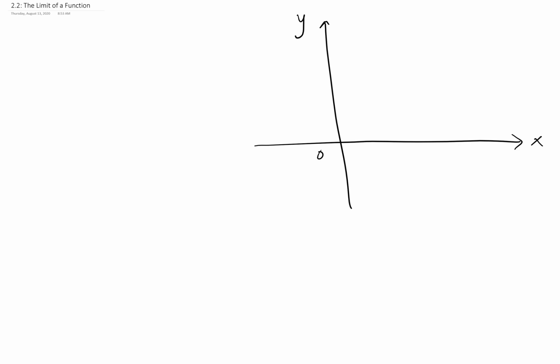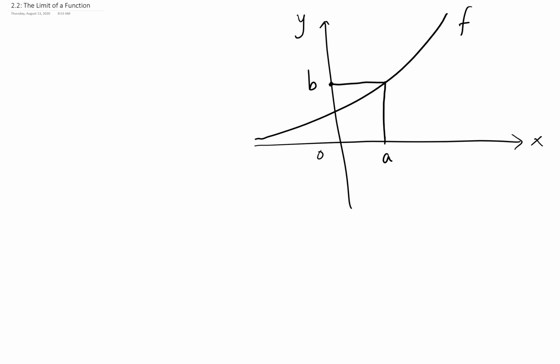For the limit of a function, I'm going to draw the xy plane like so. Let's say we have a function f with this given graph and pick a point A, x equals A. If you project it up, it goes to B on here.